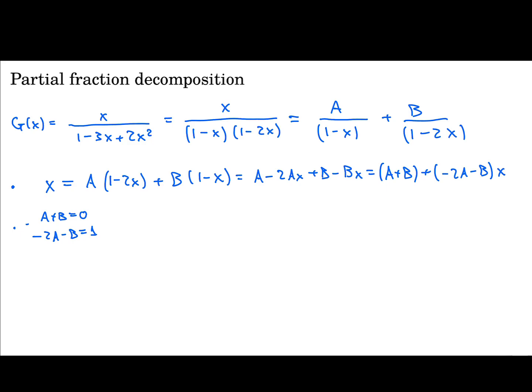And so we need to solve this system. Solving it, we get a equal to minus 1 and b equal to 1. That tells us that our generating function can be written as 1 over 1 minus 2x minus 1 over 1 minus x.